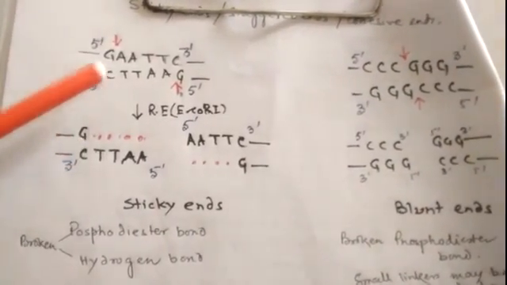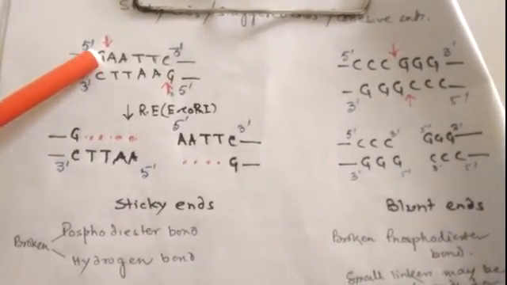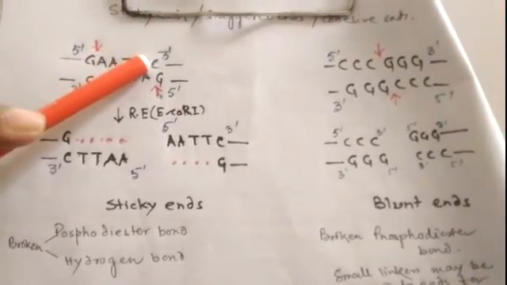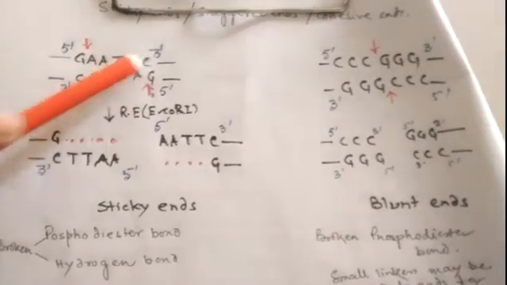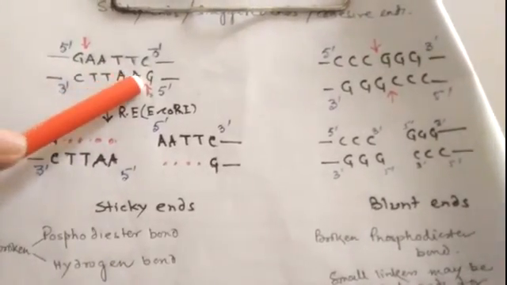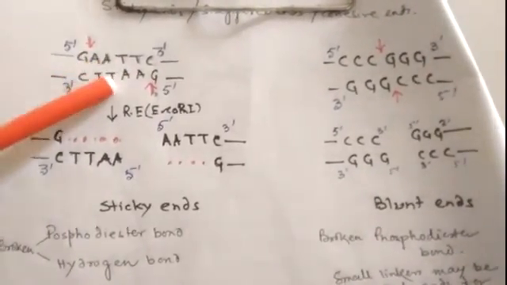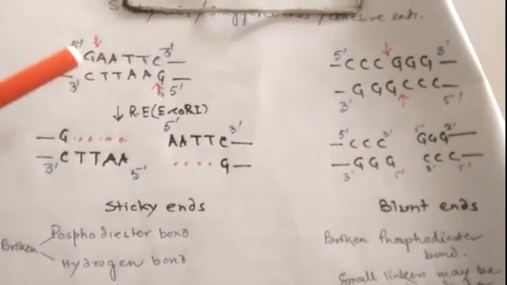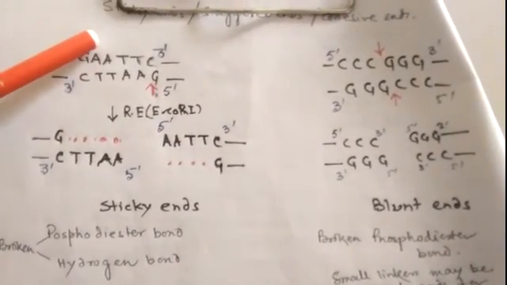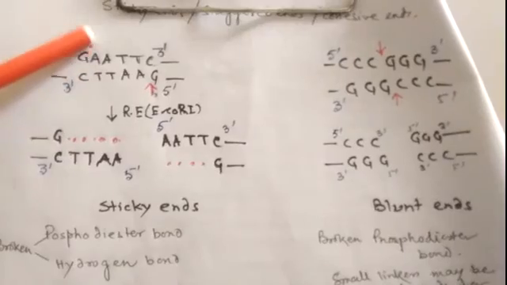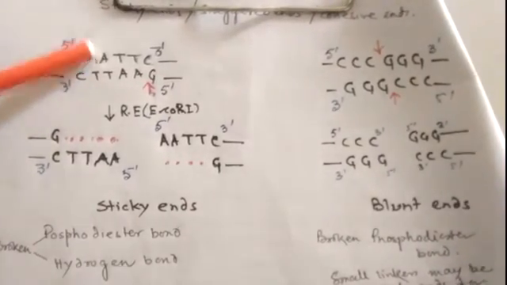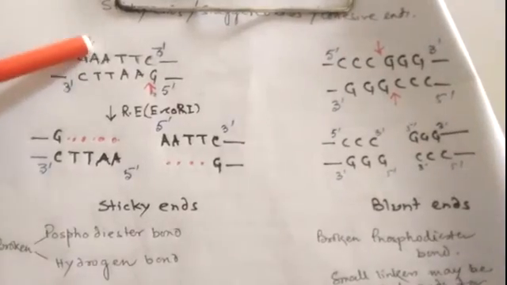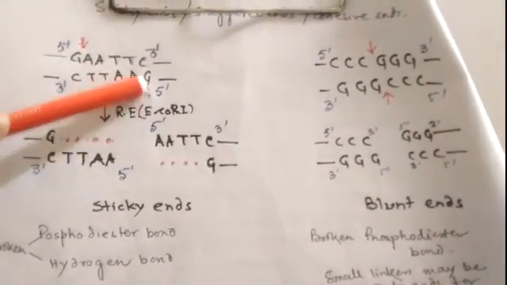So here we are just having a recap, that is the recognition site of EcoR1 is this one, GAATTC and CTTAAG in between the complementary DNA strands. And now EcoR1 cuts in between G and A. It breaks the phosphodiester bond which is present in between G and A. So here it will break here, and here in this strand it will break here.